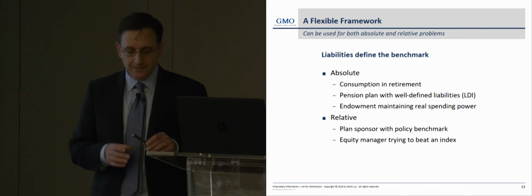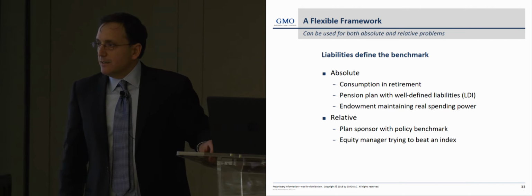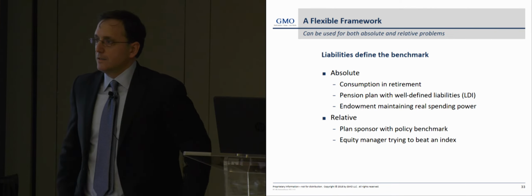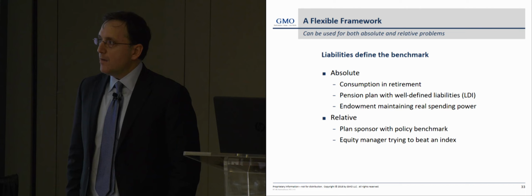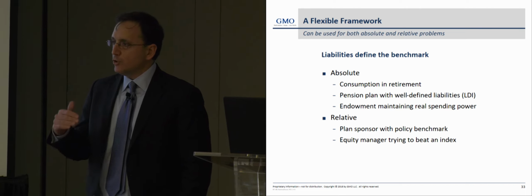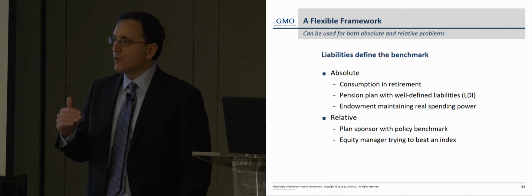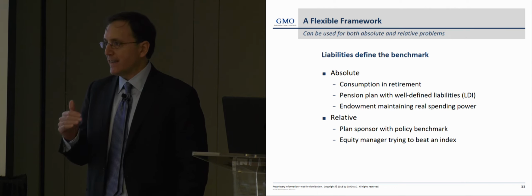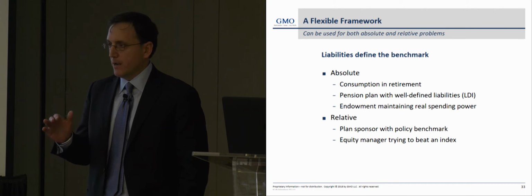Yes? Does this approach contemplate sequencing of risk? So a chance of a major drawdown right before you hit retirement? It gives you a natural way to think about how you would react to that situation. Sequencing risk is just a fact of life. You can't avoid it. The returns are going to be what they are.